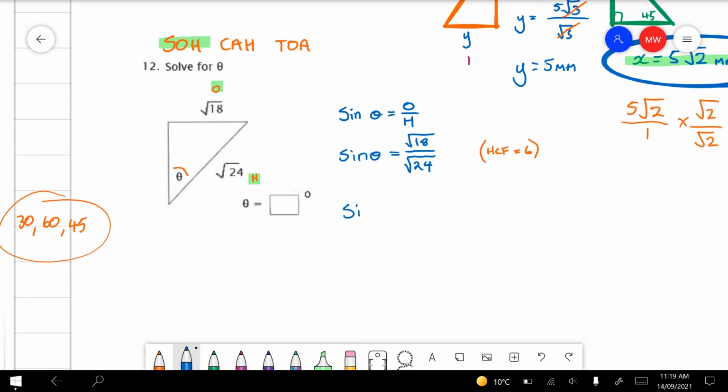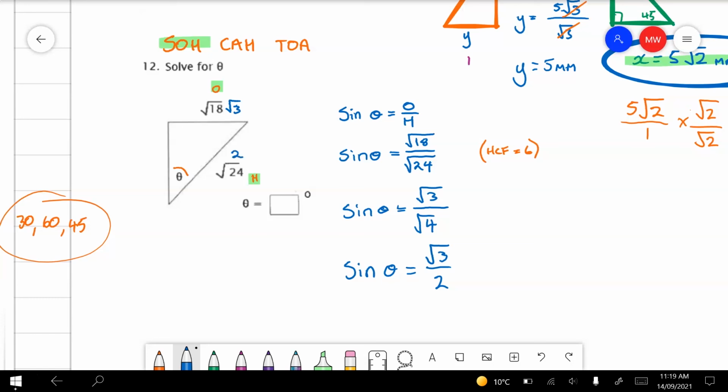And that means that sine theta is going to be equal to the square root of 3 over the square root of 4 because I've divided both of those numbers by 6. Now I can simplify this so that I end up with a ratio where sine theta equals root 3 over 2. That means that this has a value of root 3 and that this has a value of 2.